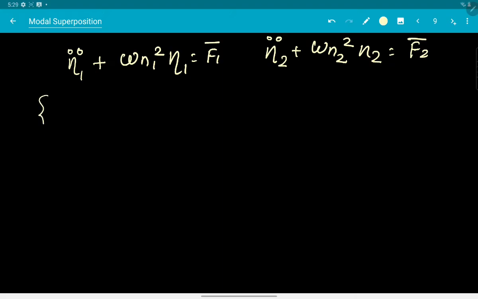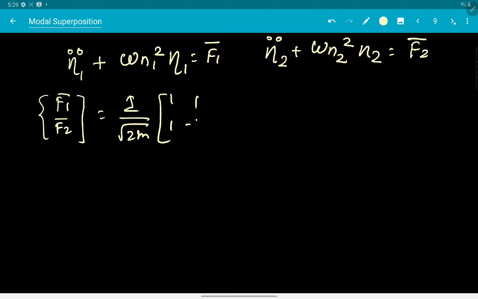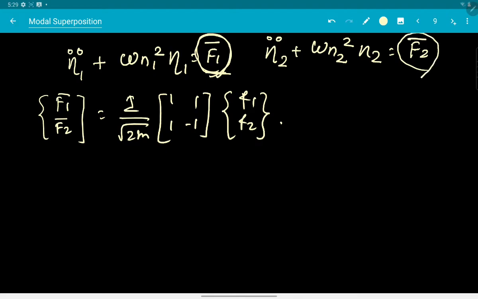What are f1 bar, f2 bar? F1 bar, f2 bar will now be equal to 1 over square root of 2m, matrix 1 1, 1 minus 1, operated on f1 and f2. You can think of this f1 bar as a force which acts on the first eigenspace, and this as a force which acts on the second eigenspace, right?